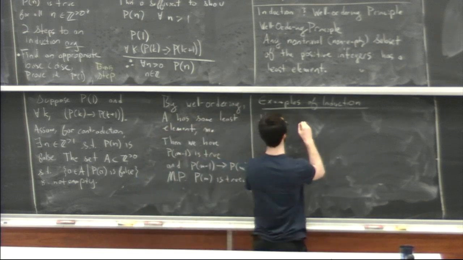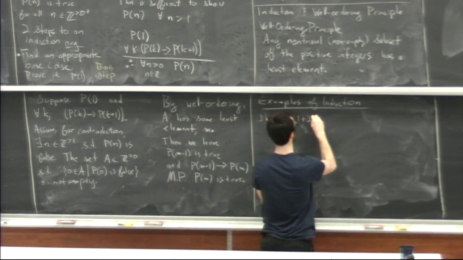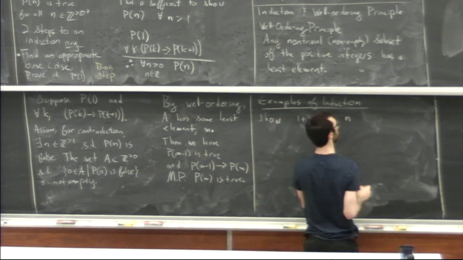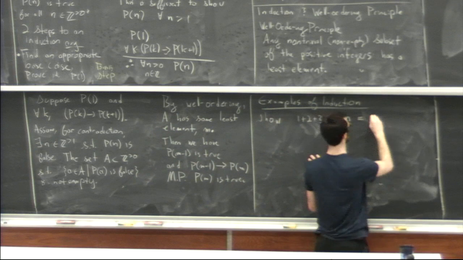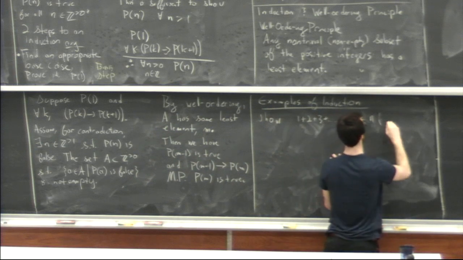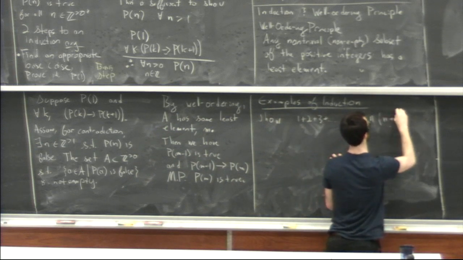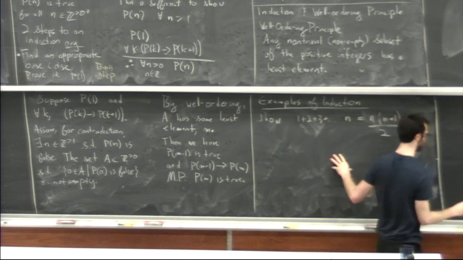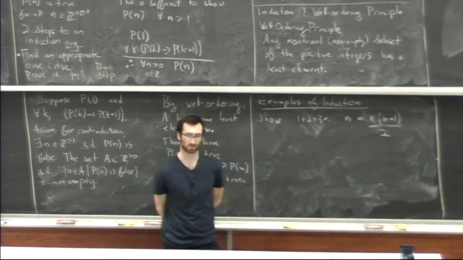So show 1 plus 2 plus 3 plus all the way up to n is equal to n times n plus 1 divided by 2. So I'm asserting something about sums of integers.